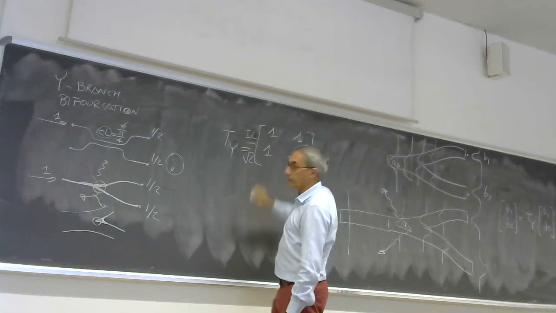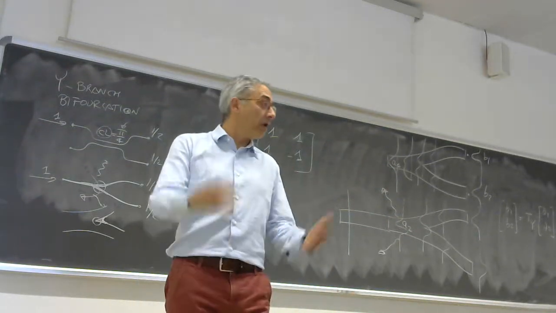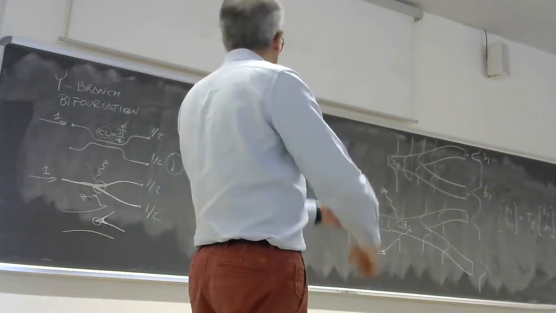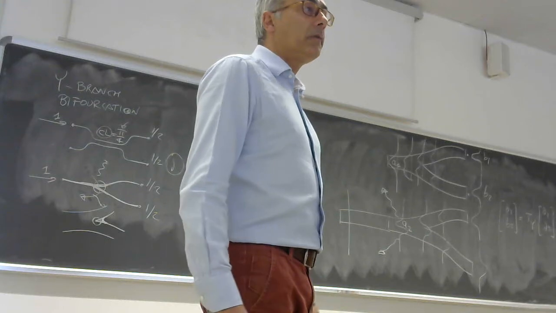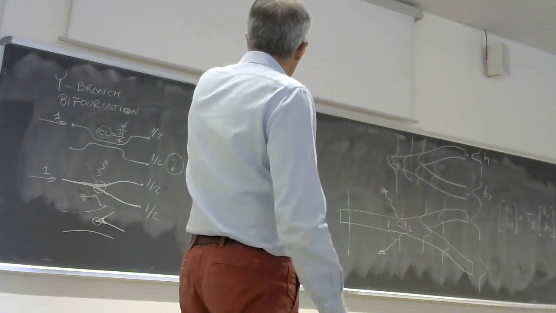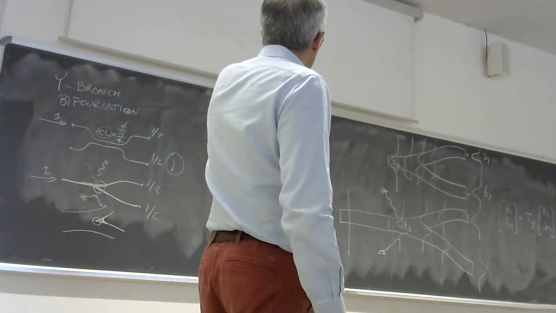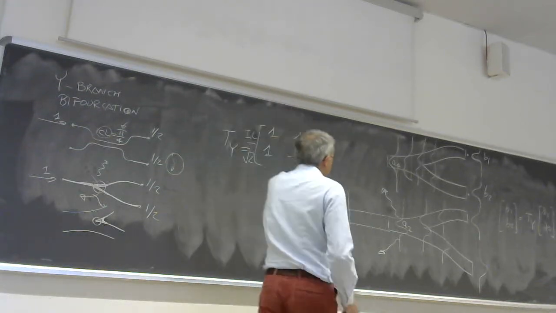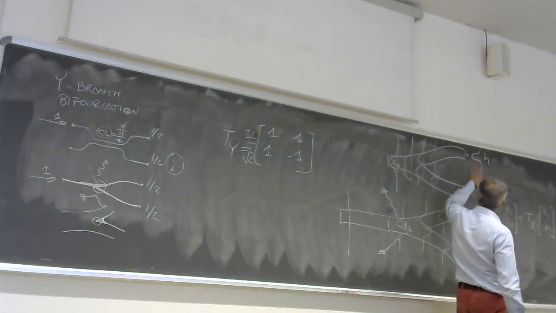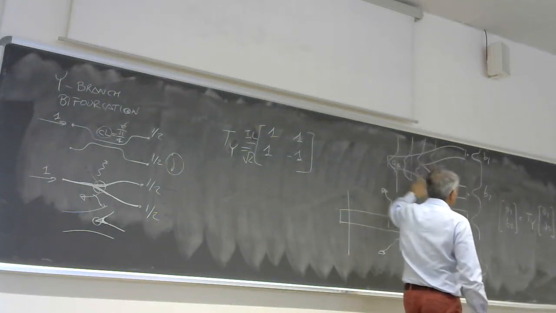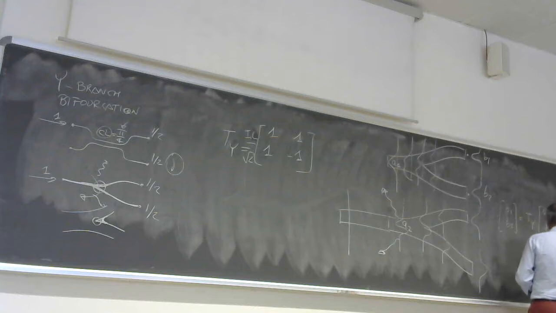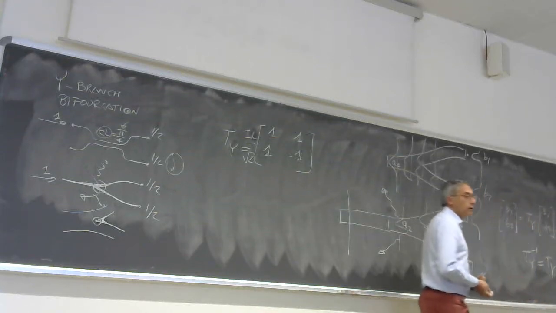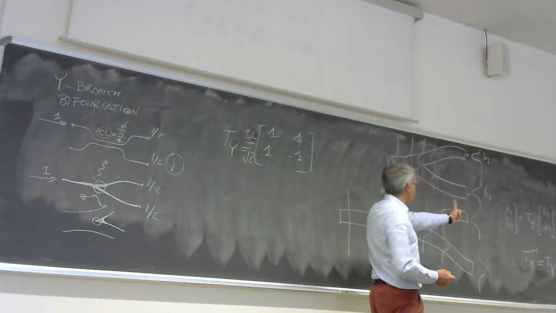So instead of 1, it is something less, because maybe it's lossy. So it's 0.9, 0.8, 0.99, I don't know. But this is the attenuation. The behavior is this one. And the inverse of this matrix, so if you want this amplitude as a function of this, you get this. And if you want to reverse it, it's just Ty minus 1, that is just Ty. So it's the same if you go in one direction or in the other direction.